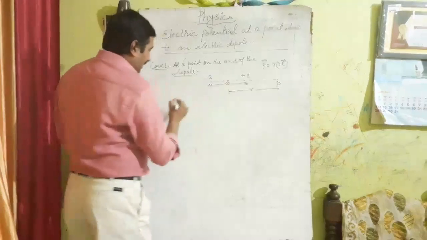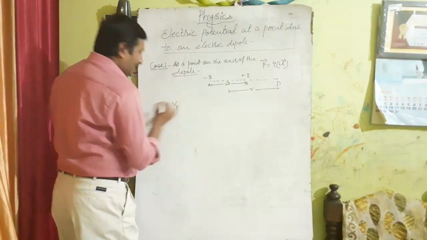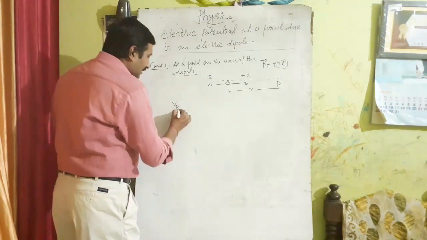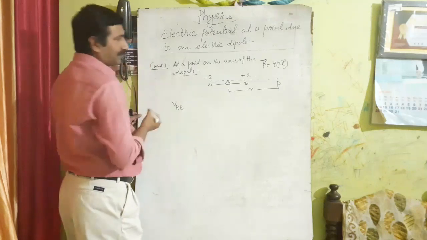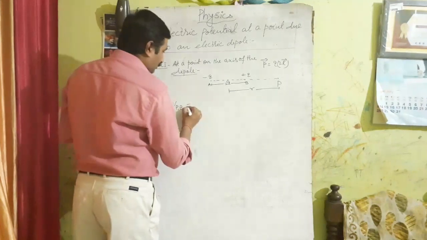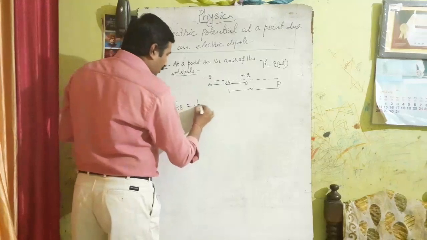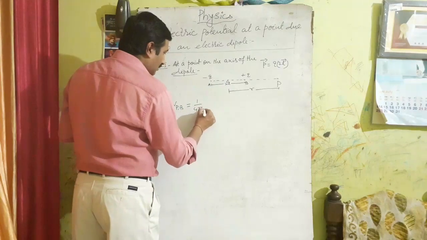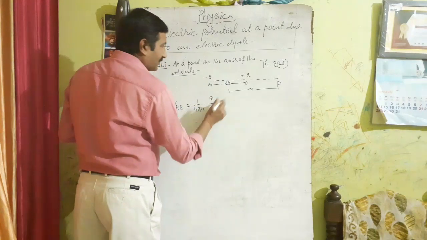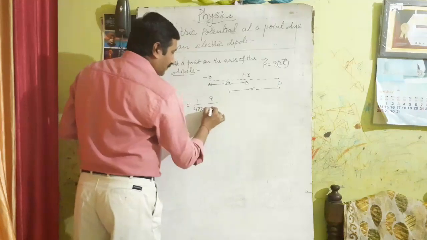Now electric potential at P due to the charge plus q at B is equal to 1 by 4 pi epsilon naught, q by the distance BP.